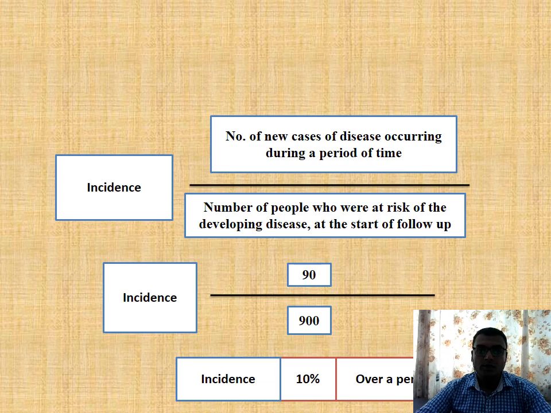You should remember that the specification of time is very important for incidence, because an incidence of 10% over a period of 3 years has a different implication than an incidence of 10% over a 1 year period. So always remember, incidence gives us an idea of the risk of developing a disease over a period of time.